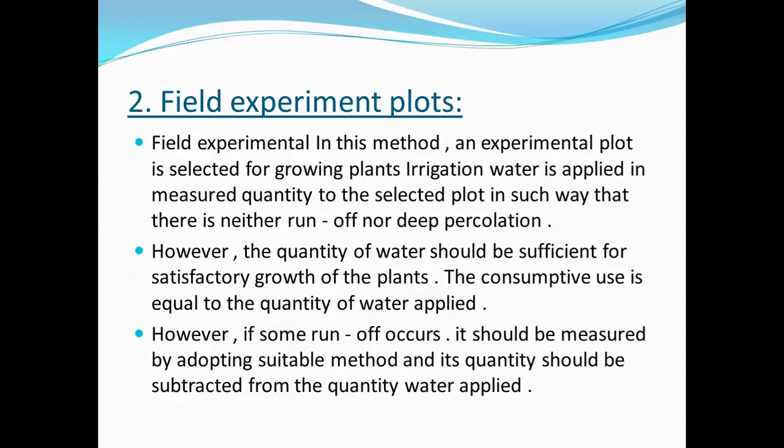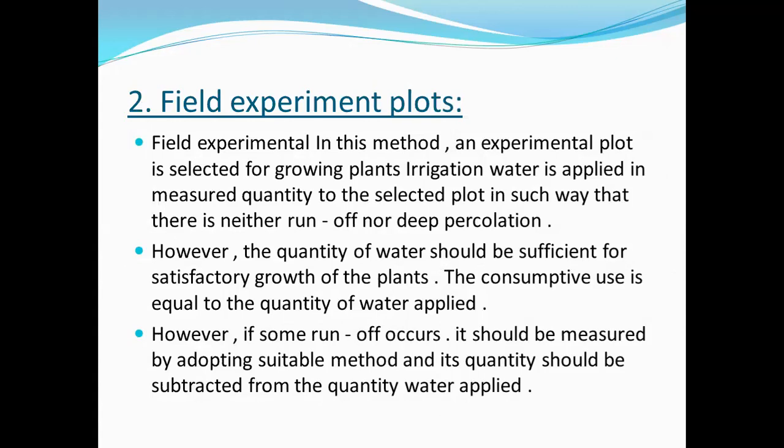However, the quantity of water should be sufficient for satisfactory growth of the plants. So the consumptive use is equal to the quantity of water applied, right? However, if some runoff occurs, it should be measured by adopting suitable methods and its quantity should be subtracted from the quantity of water applied, right?